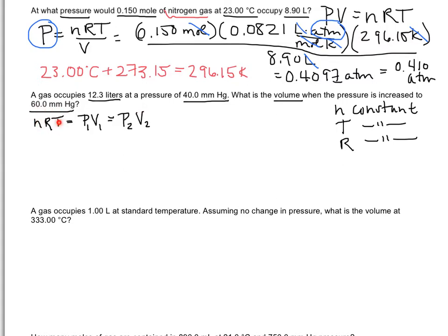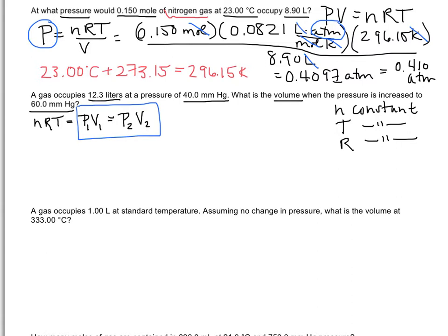So now we don't need to worry about what n, R and T are. We can just focus on this part of the equation. Now, I'm going to go ahead and convert my pressures to atmospheres. It's not always strictly necessary in every single problem, but I think it's a good habit to get into.